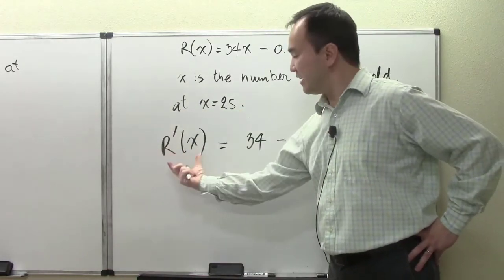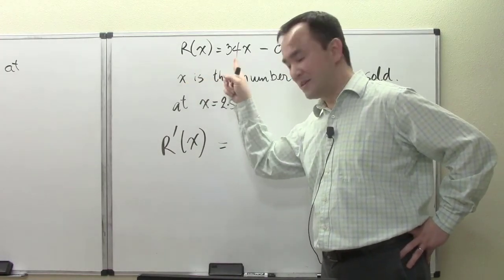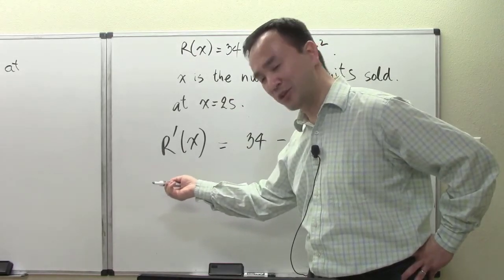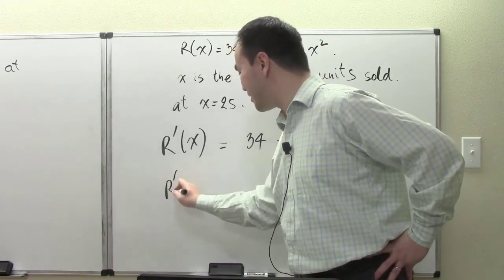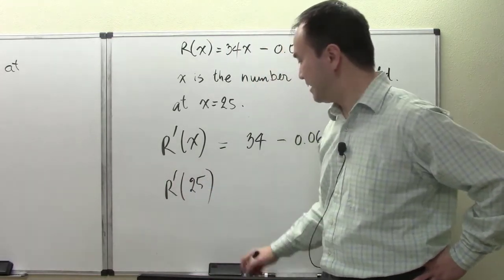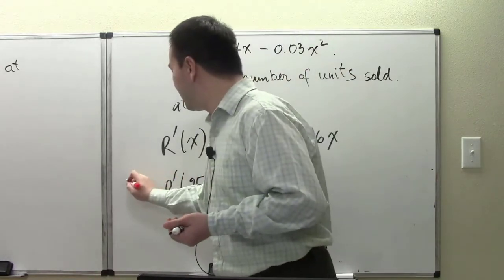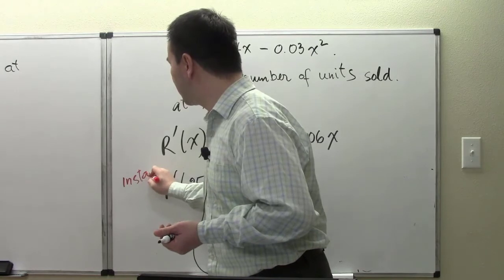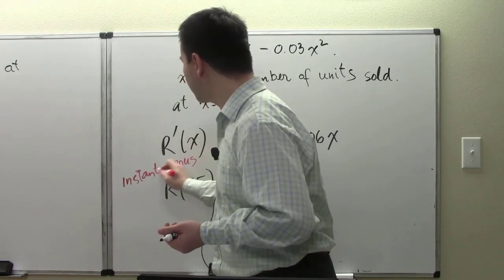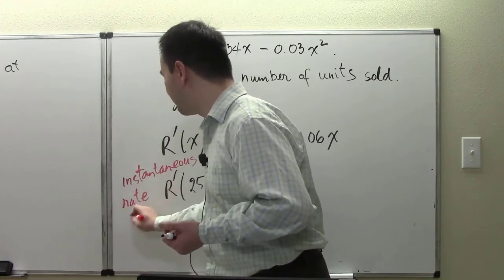All right, so this is the general derivative. It's indicating the general instantaneous rate of change of this function at any time. But specifically at that instance where x equals 25, we're looking at the rate of change of revenue at 25, R prime at 25. And yes, maybe this time let me write it in red ink to highlight the meaning right here: the instantaneous rate of change.